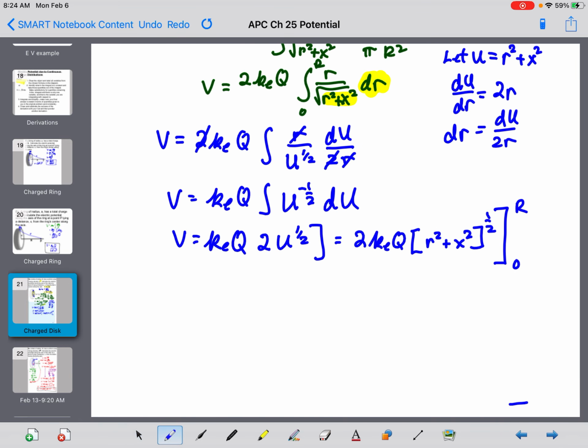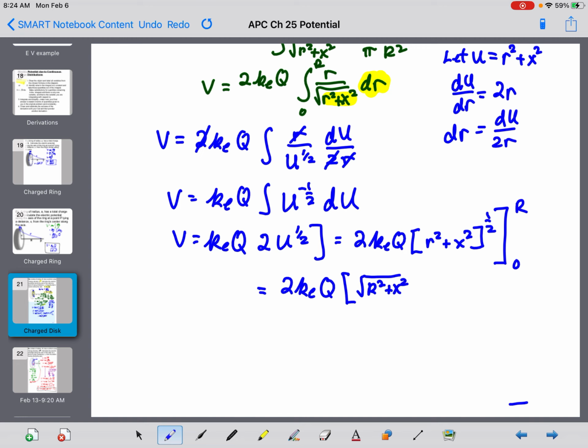So if we plug in there, this becomes 2 k sub e Q. Plug in capital R: this is going to be the square root of capital R squared plus x squared.